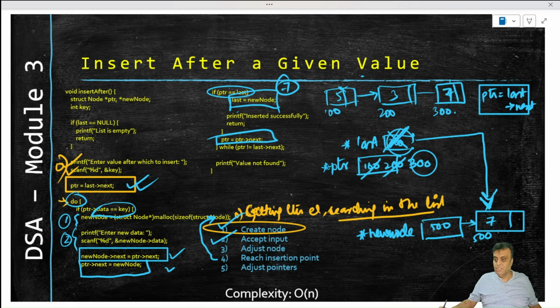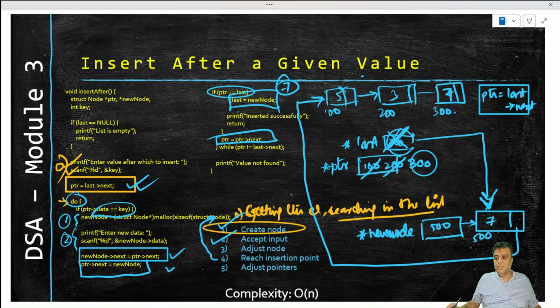So the linkage that we'll have is the last element whose next, or the new node which is the last element, whose next will actually go to pointer arrow next. So pointer is 300, the next is actually the head, so this next will go here. So that way we have created this link, right? So last is pointing to the last, new node is pointing to the front.